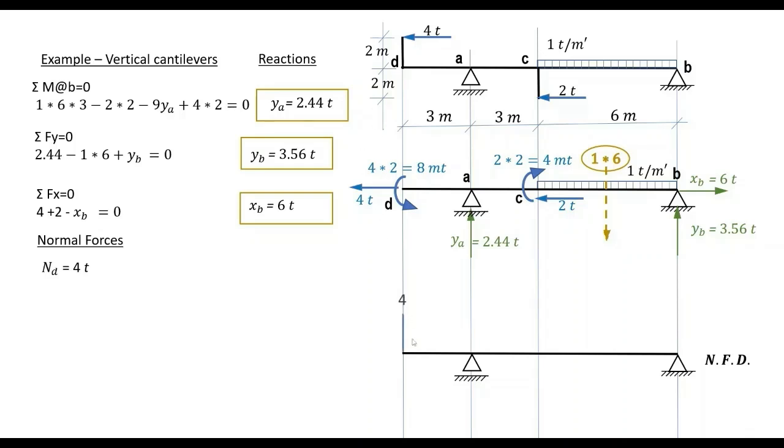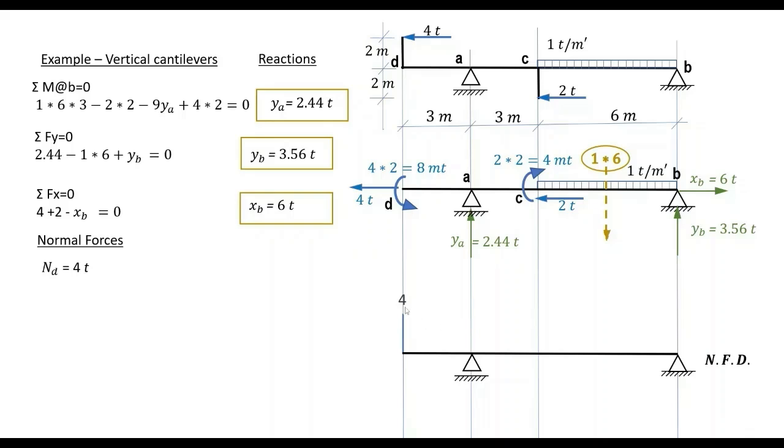So we have these 4 tons heading up, and any positive normal force in the same direction will increase the positive force and will head up on the diagram. Any force in the opposite direction will decrease this positive normal force and will head down on the diagram.